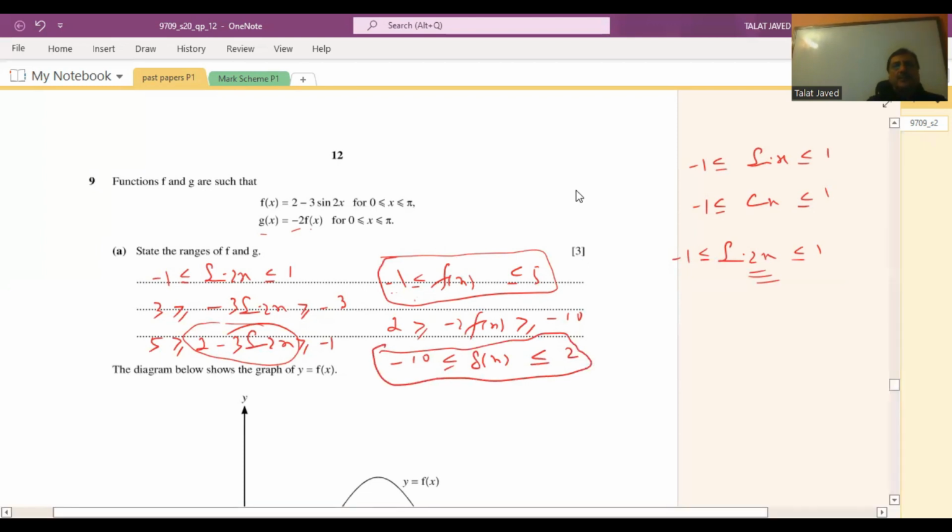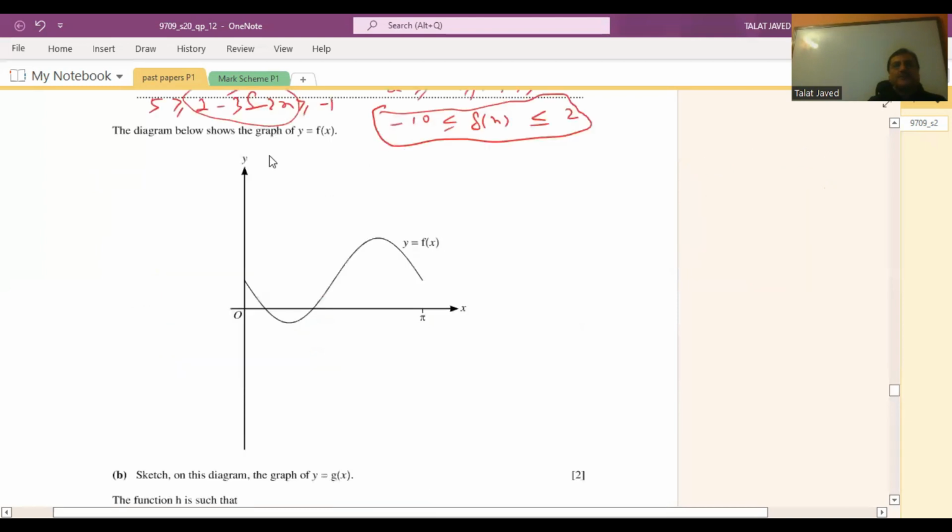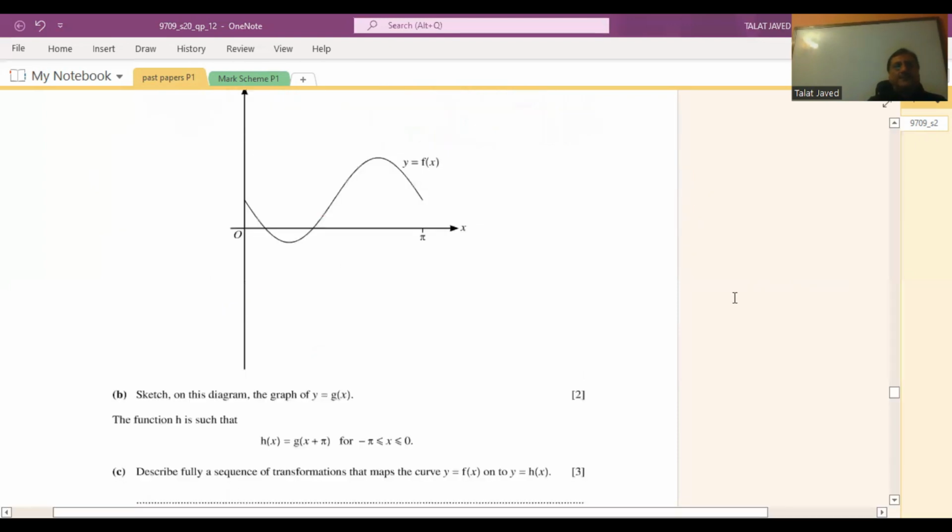Move to the diagram below. Sketch on this diagram the graph of g of x.